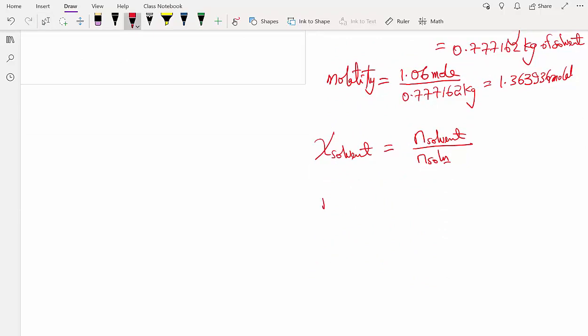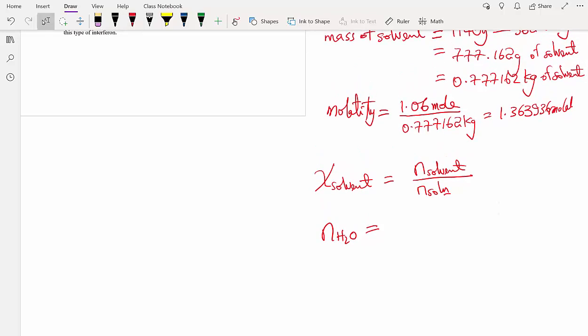The moles of water will be equal to the mass of water, which we calculated as 777.162 grams, multiplied by 1 mole of water per 18.02 grams of water, from the periodic table.